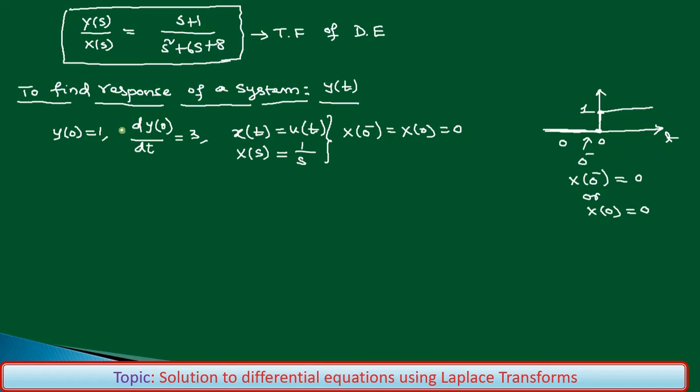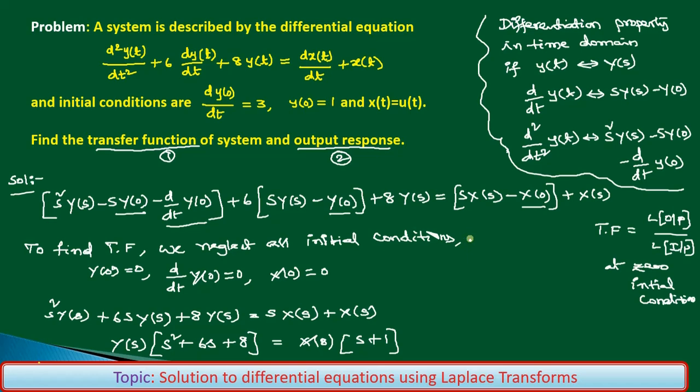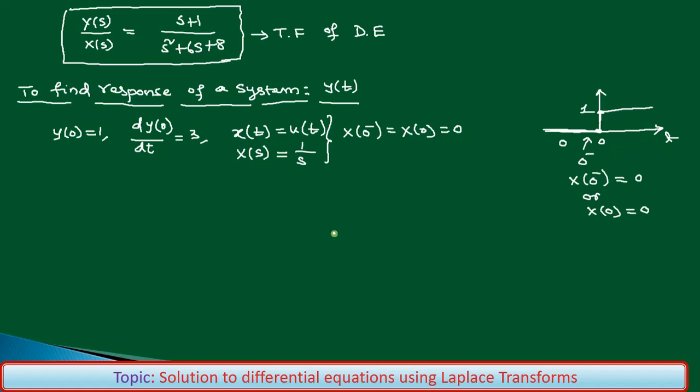So now these three initial conditions, we'll try to substitute in equation number 1. In the first one, we just name this equation as 1. Now substitute these initial conditions in that expression. So we'll get s square y of s minus s minus 3.